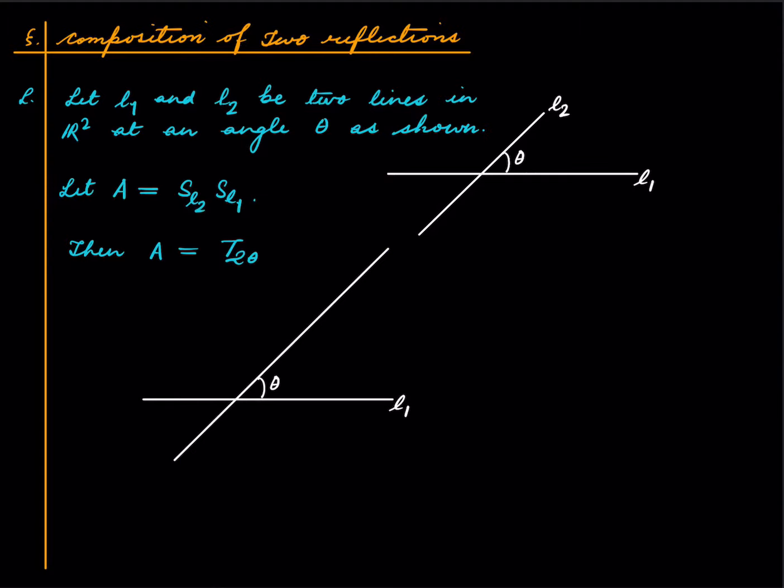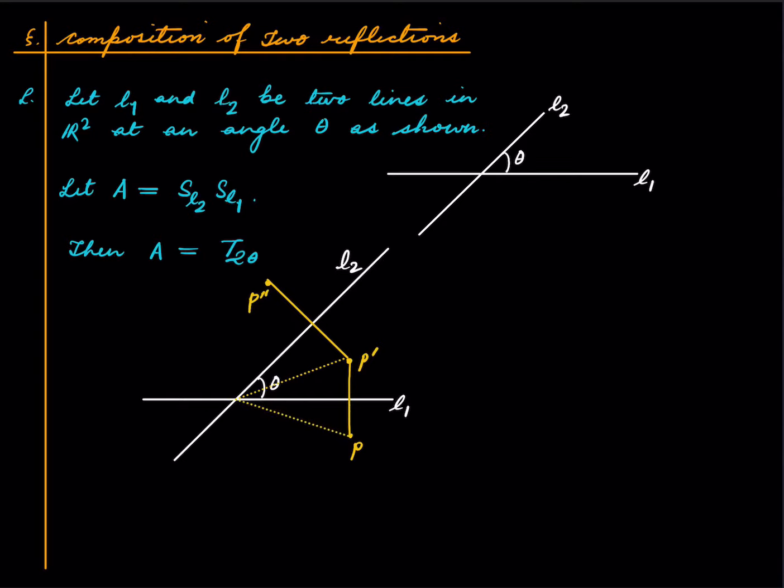We start with a point, let's say some point here. First we reflect it, we get that P prime, then we again reflect it, we get P double prime. The figure is not perfect, but who cares.